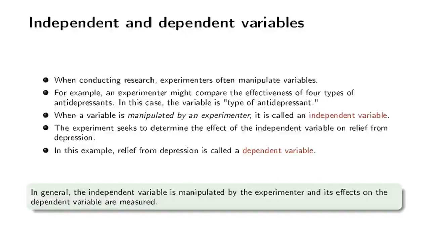The experiment seeks to determine the effect of the independent variable on relief from depression. In this example, relief from depression is called a dependent variable. In general, this is what we should remember: the independent variable is manipulated by the experimenter, and its effects on the dependent variable are measured.